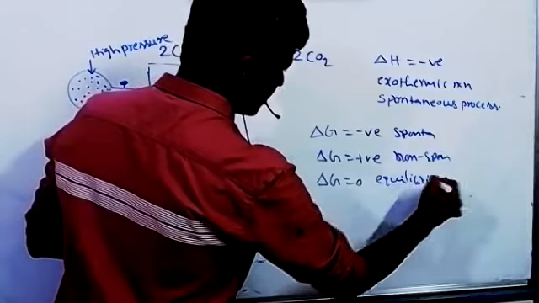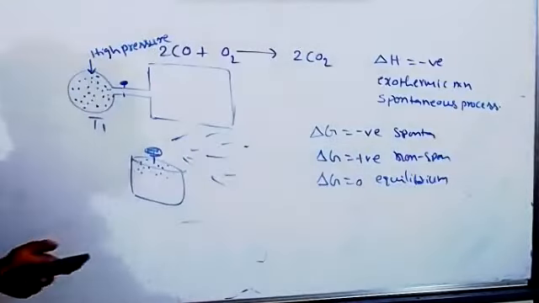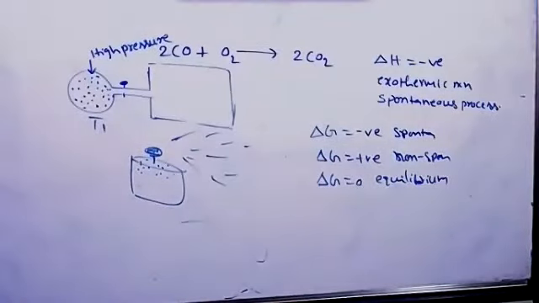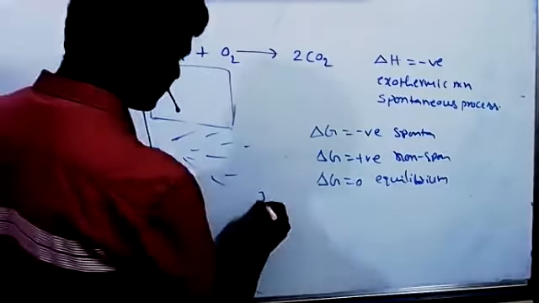Now the system is at equilibrium. So when the system is in equilibrium, there is no change in the concentration at constant temperature and pressure. If we maintain constant temperature and pressure, at that stage only equilibrium is attained. We will see the topic in the next chapter, equilibrium. So at equilibrium, temperature and pressure of the system are constant. So A is correct here.